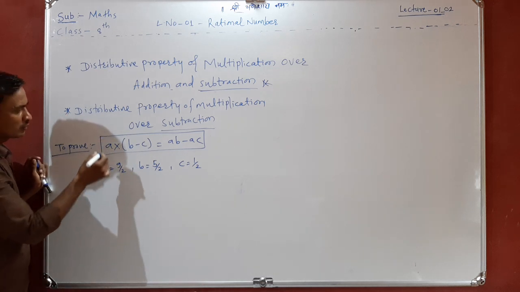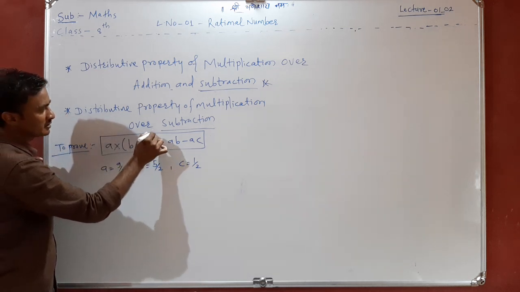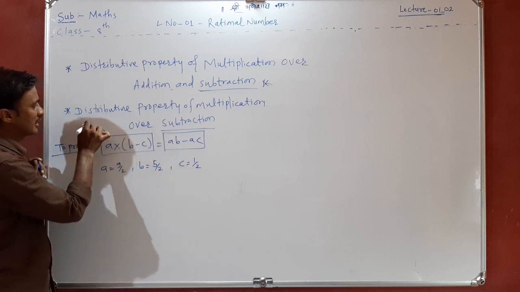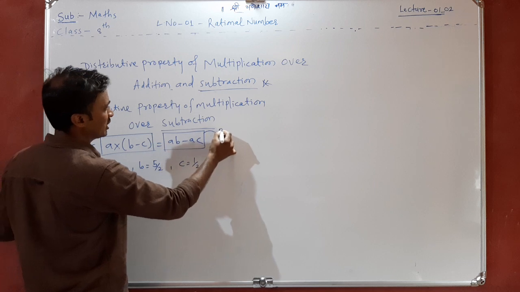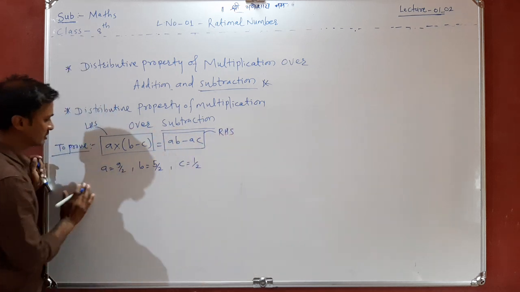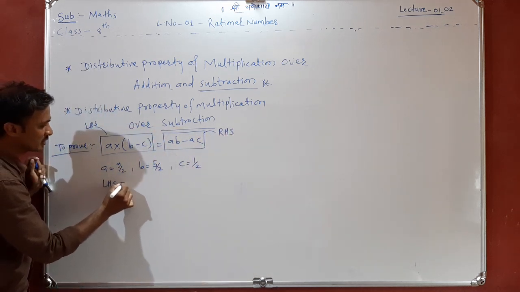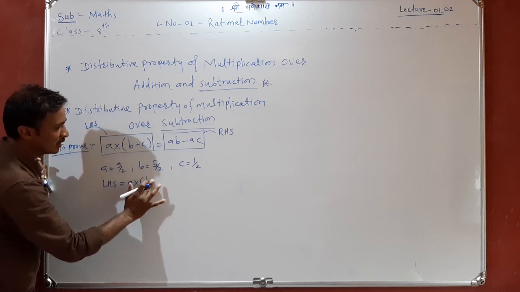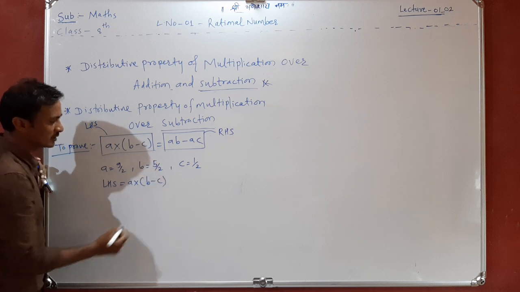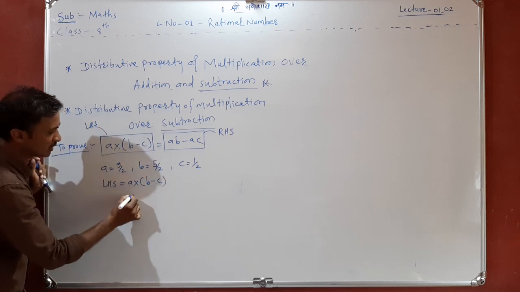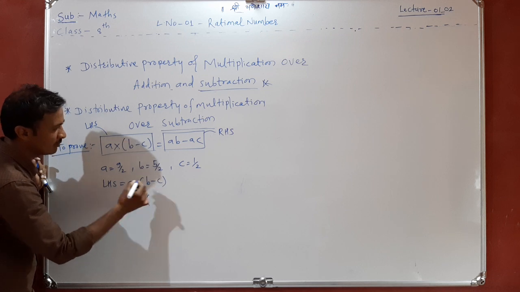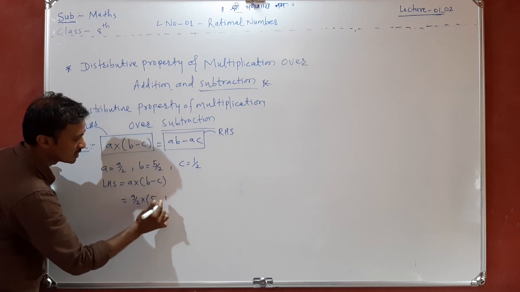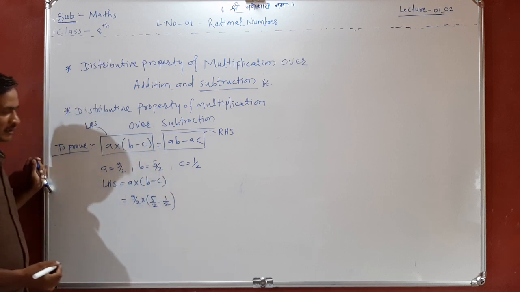Now see again, previously I discussed every equation has two parts, that is the LHS, and this part is called RHS. Now let us see to explain, the LHS is equal to A into in bracket B minus C. Now see here the value of A is equal to 9 by 2 multiplied by in bracket 5 by 2 minus C. C means here 1 by 2, bracket complete.